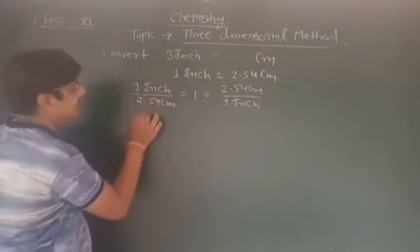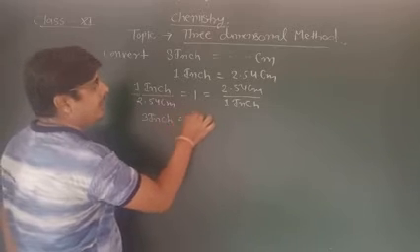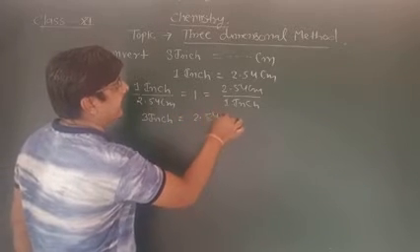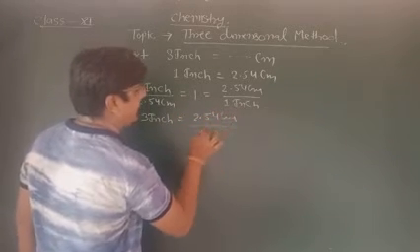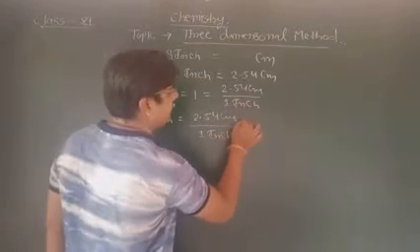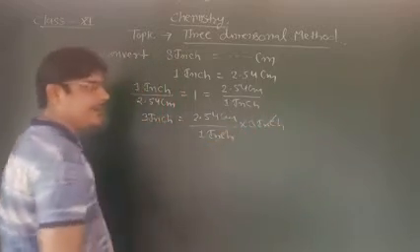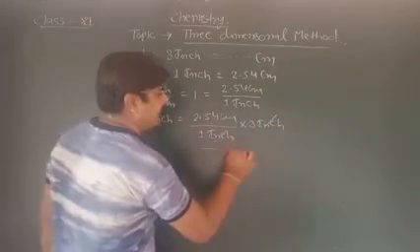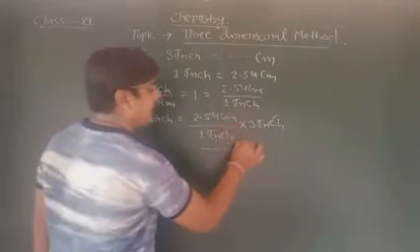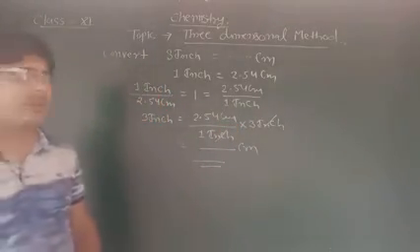It means 3 inch will be 2.54 centimeter upon 1 inch multiplied by 3 inch. The unit inch and inch cancel. Multiply it, and your answer will be in centimeter. This is your answer.